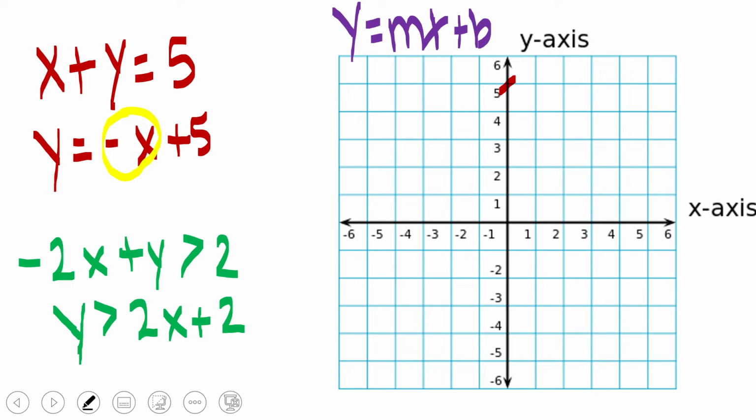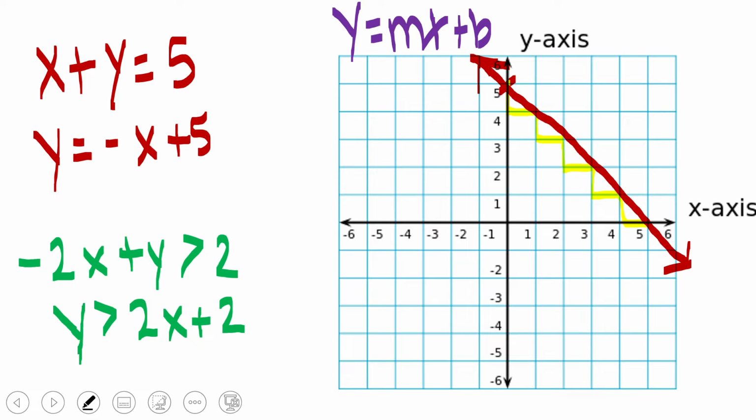So working negative for rise over run of 1 over 1, we're going to be plotting our points here. And this graph emerges. For the second equation, we have a greater than symbol.